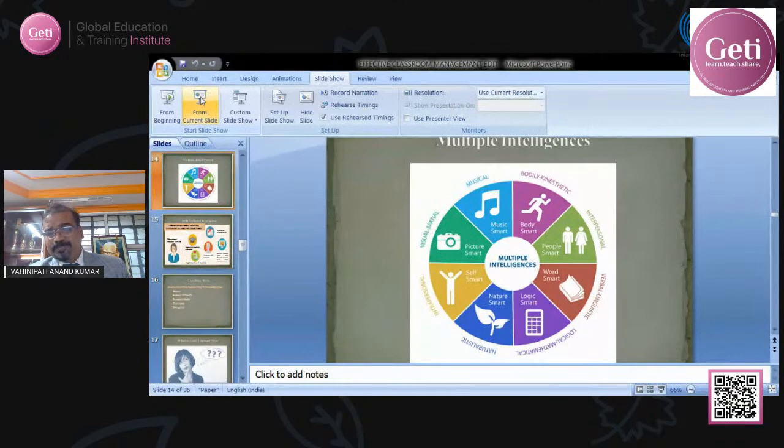They are picture smart. Every human being has his own command on the multiple intelligences. And the last one are the music smart. These are the eight multiple intelligences, and most of the students in the classroom are an expert in one or two of these intelligences.